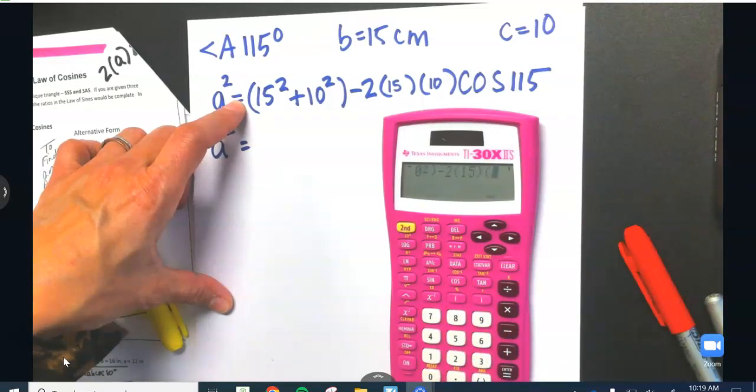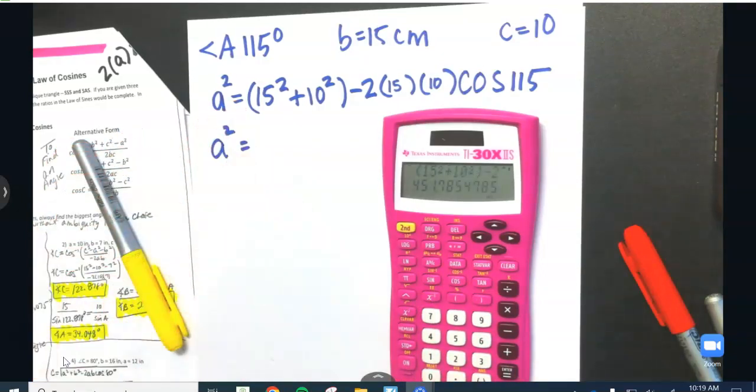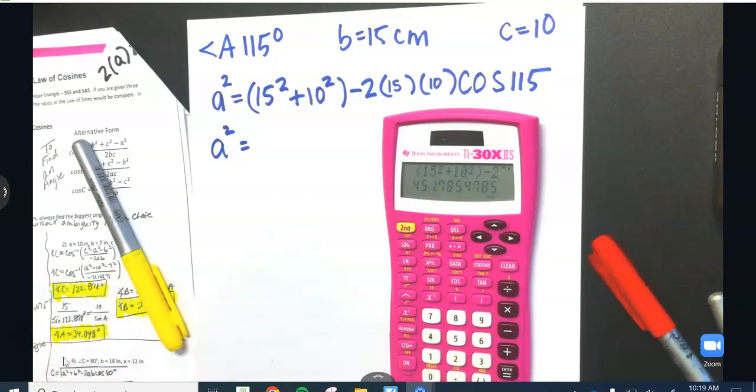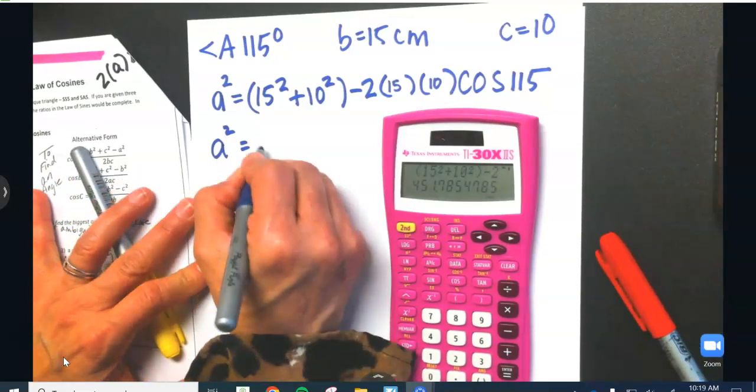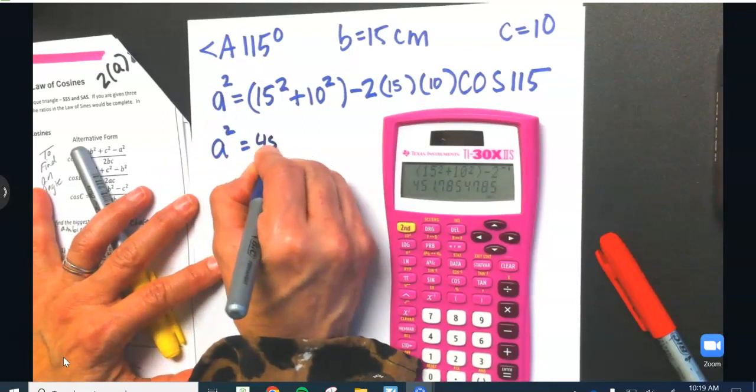And the calculator knows when you type in a single number in parentheses, it knows that you're multiplying. All right, so we get a squared to be 451 point something. Don't clear the calculator, but let's go ahead and round this on our paper. So let's write 451.785.